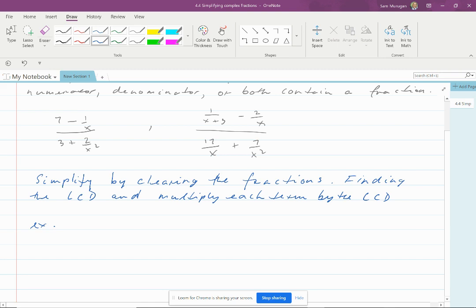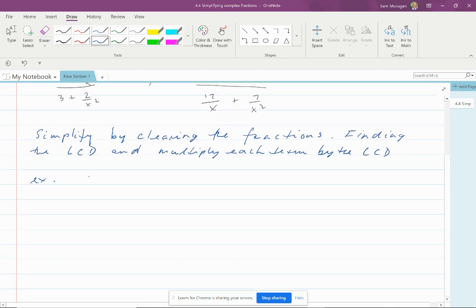Example. If I have to simplify 3 minus 4 over x divided by 5 minus 7 over x, first establish that the LCD is equal to x. That's the only denominator on the fractions in the numerator and denominator.